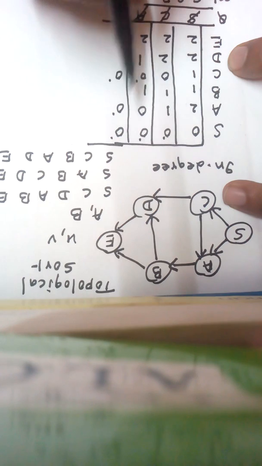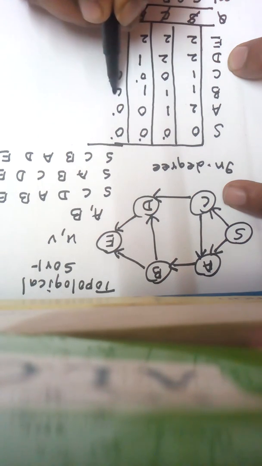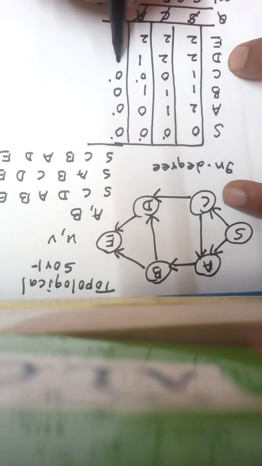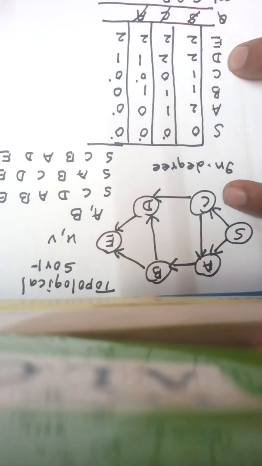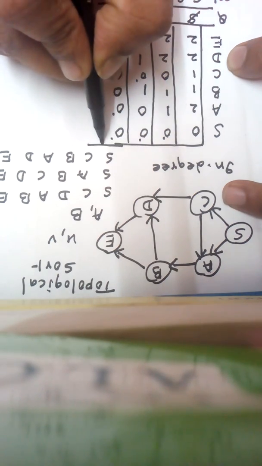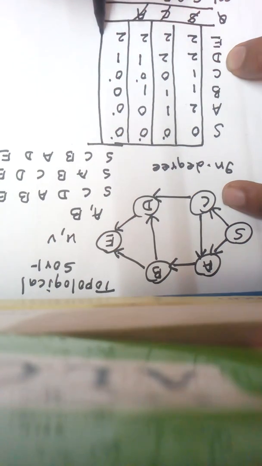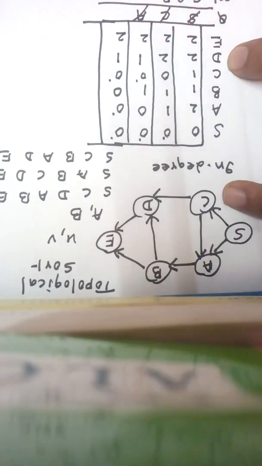Yes, in degree of B gets reduced to 0, in degree of D remains the same, and E remains the same. Now is there any new vertex that has in degree 0? Yes, there is B. So now NQ B, no other new vertices.